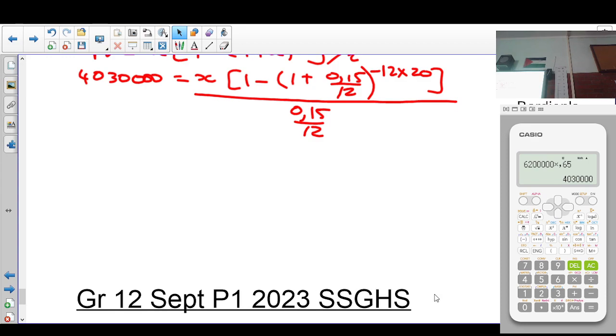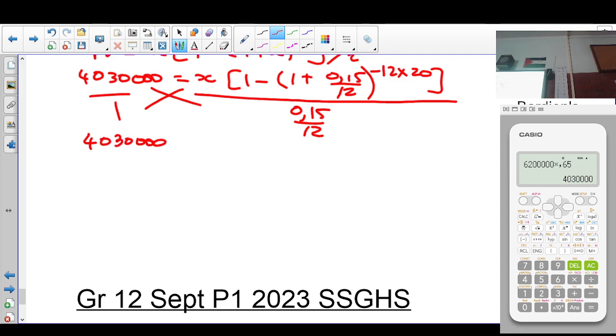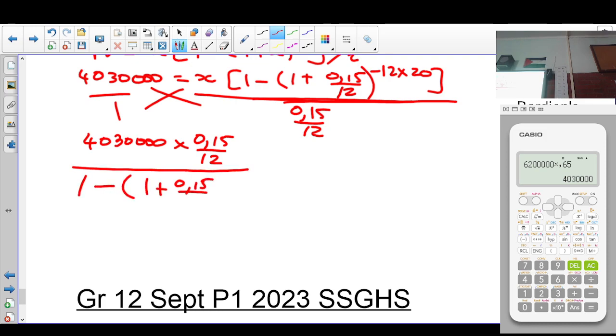So cross multiply there: 4,030,000 times 0,15 over 12. Then I'm left with x equal to that, dividing both sides by that product factor: 1 minus 1 plus 0,15 over 12 to the exponent negative 12 times 20. Well, I could have just written negative 240.